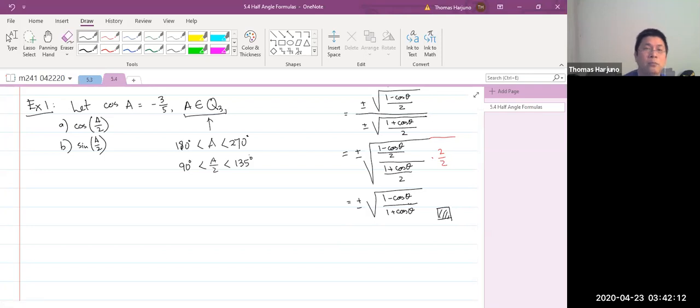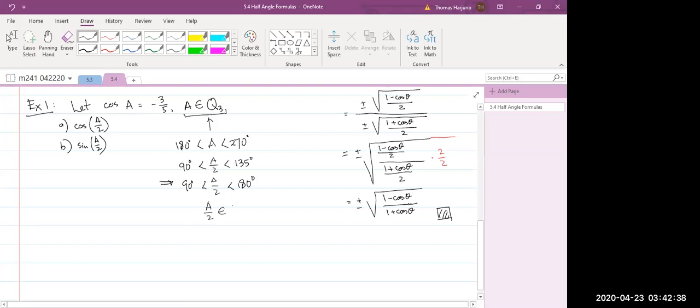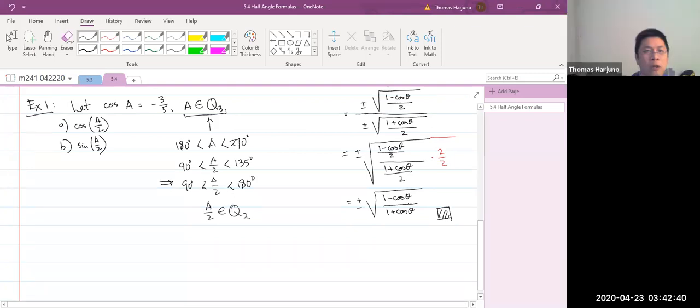Agree? Now, because A over 2 is between 90 and 135, it also implies A over 2 must be between 90 and 180. Is it right? It means A over 2 is in which quadrant? Quadrant 2, that's right, second quadrant.